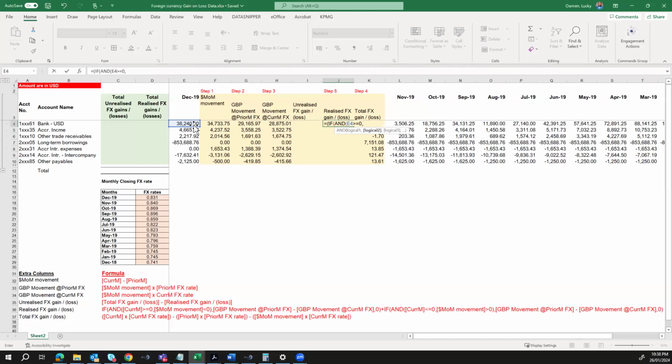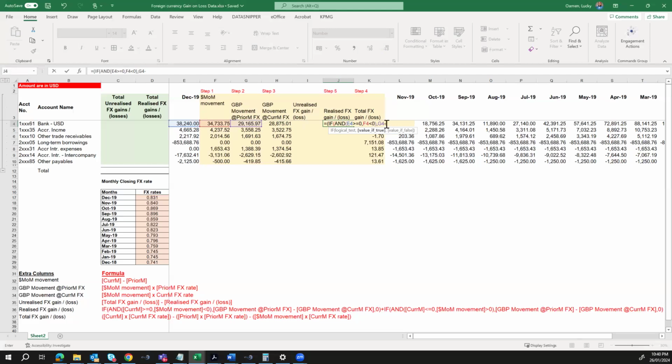And if the movement in dollar terms, which is column F, is negative, less than 0, close my bracket. So if these two arguments exist, bring for me the previous month FX converted amount in pounds terms less the current month pounds equivalent amount.